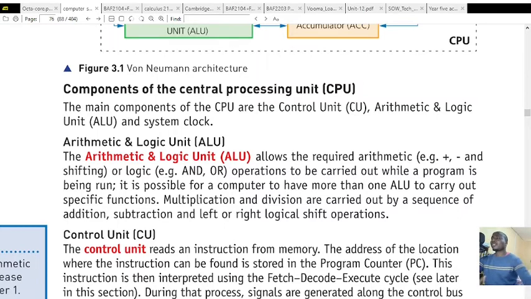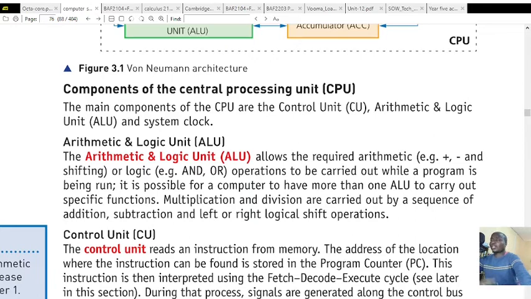Now we have the arithmetic logic unit, which allows the required arithmetic to be performed, or even logic operations to be carried out during the processing of the computer.